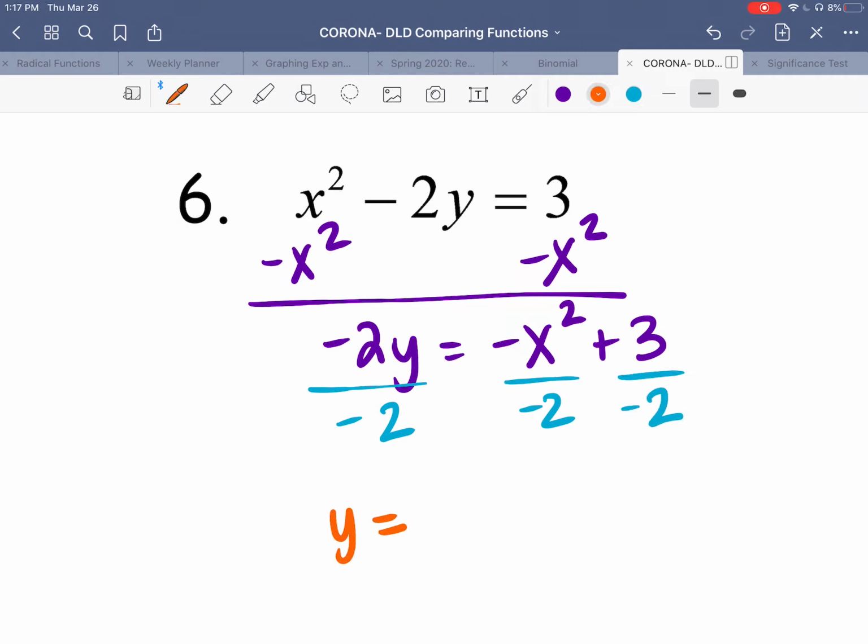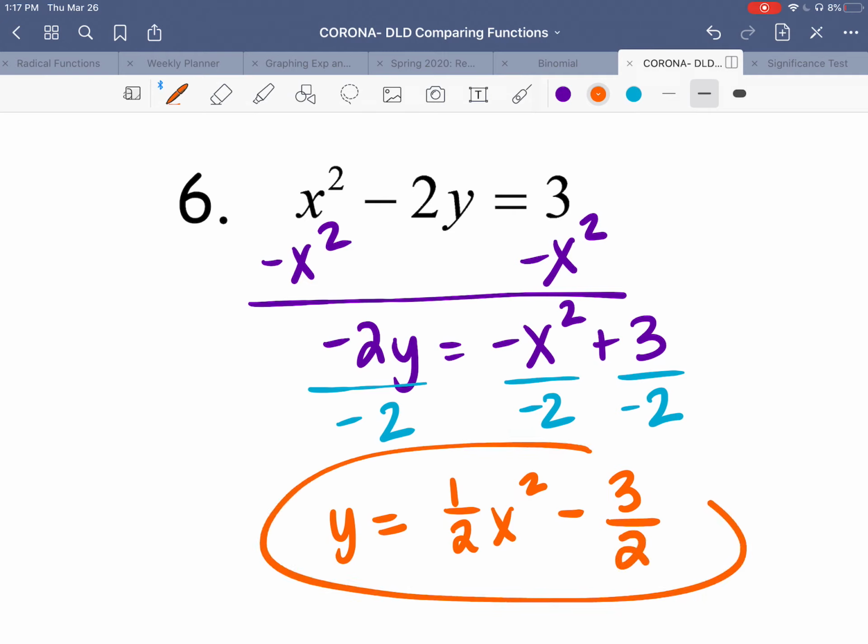Y equals 1/2 x squared minus 3 over 2. These two negatives here, since we have this negative x squared over negative 2, those two simplify and become a positive. And all I did here was take this divided by 2, which is the same as having 1/2 out in front of the x, so I just pulled that 1/2 out front.